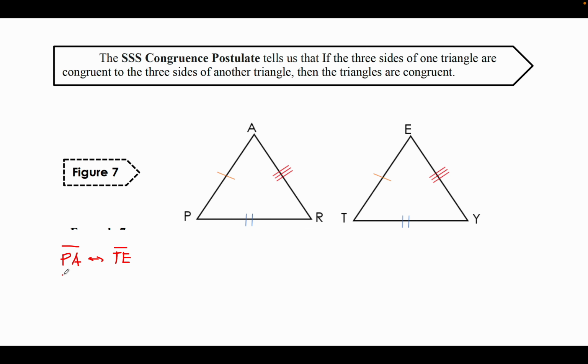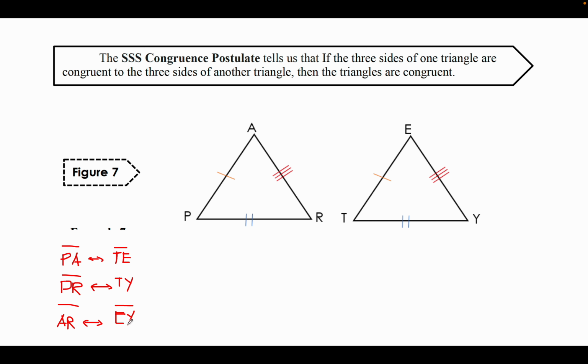So line segment PA, or side PA, corresponds to line segment TE. And then line segment PR corresponds to line segment TY. And line segment AR corresponds to line segment EY.